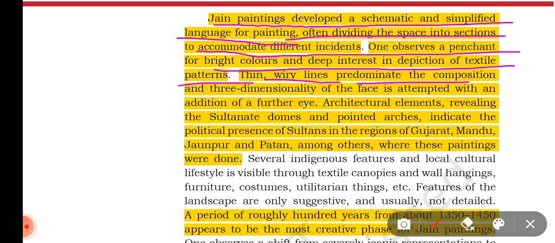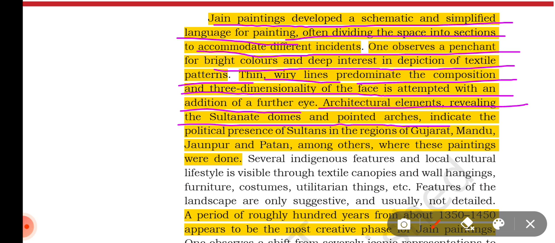Thin, wiry lines predominate the composition, and three-dimensionality of the face is attempted, with the addition of a further eye. Architectural elements revealing sultanate domes and pointed arches indicate the political presence of the sultans in the region of Gujarat, Mandu, Jaunpur and Patna, among others, where these paintings were done.